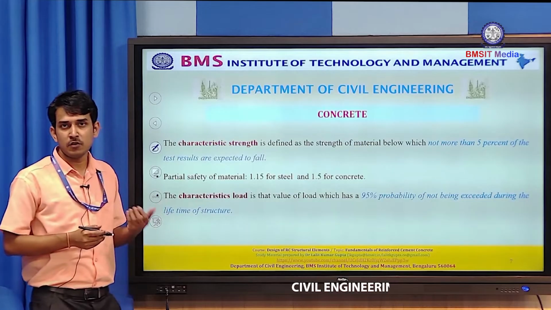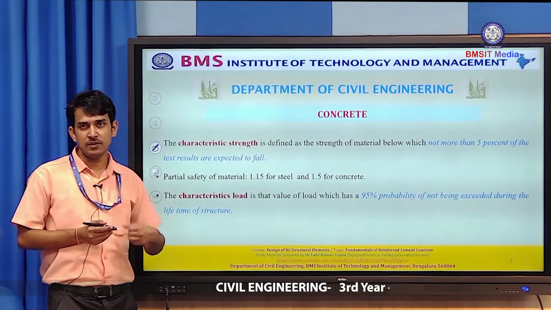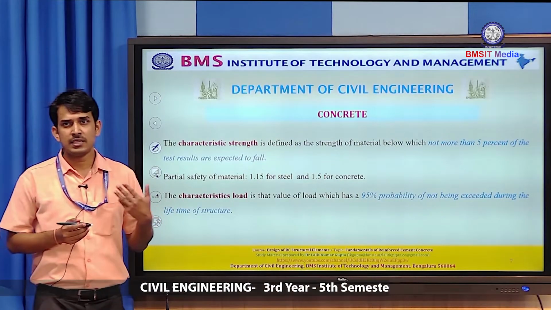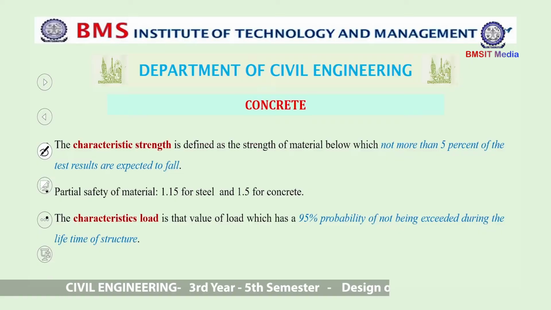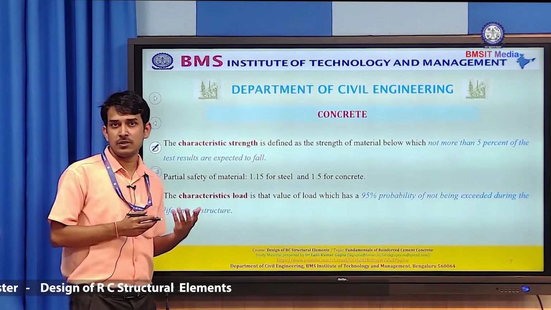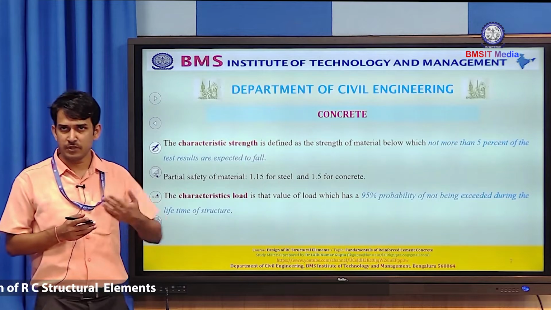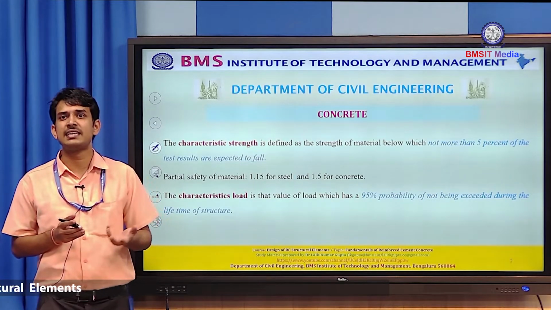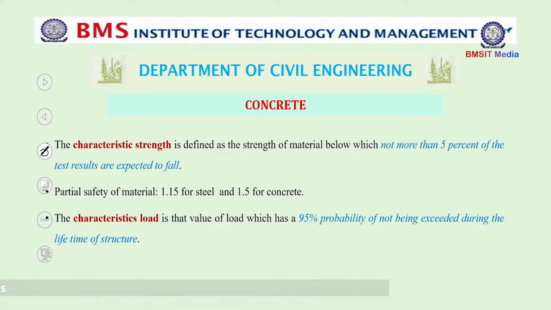Similarly, in terms of characteristic strength, we have the characteristic load, which is that value of the load which has a 95% probability of not being exceeded during the lifetime of the structure. That is the characteristic load which we generally take when we are designing.